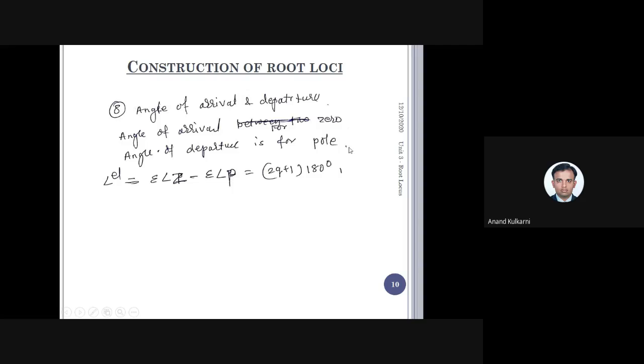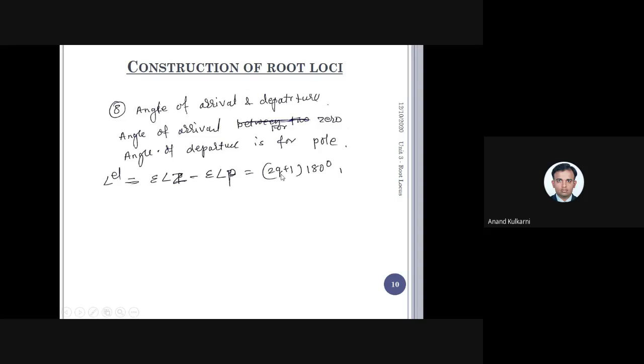For the angle of departure or angle of arrival, there is a common formula. The formula remains the same. It is the sum of angles of zeros minus the sum of angles of poles is equal to some odd multiple of 180 degrees, that is 2q plus 1 times 180, where q is an integer. It can take any value, 0, 1, 2, 3, 4, 5, 6, anything. If you put q is equal to 0, it will become 180.